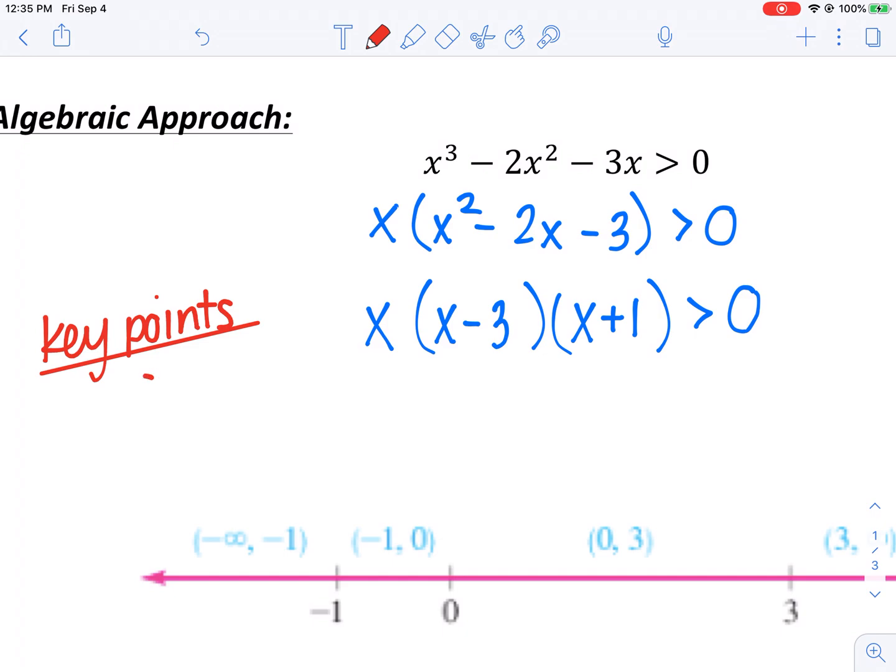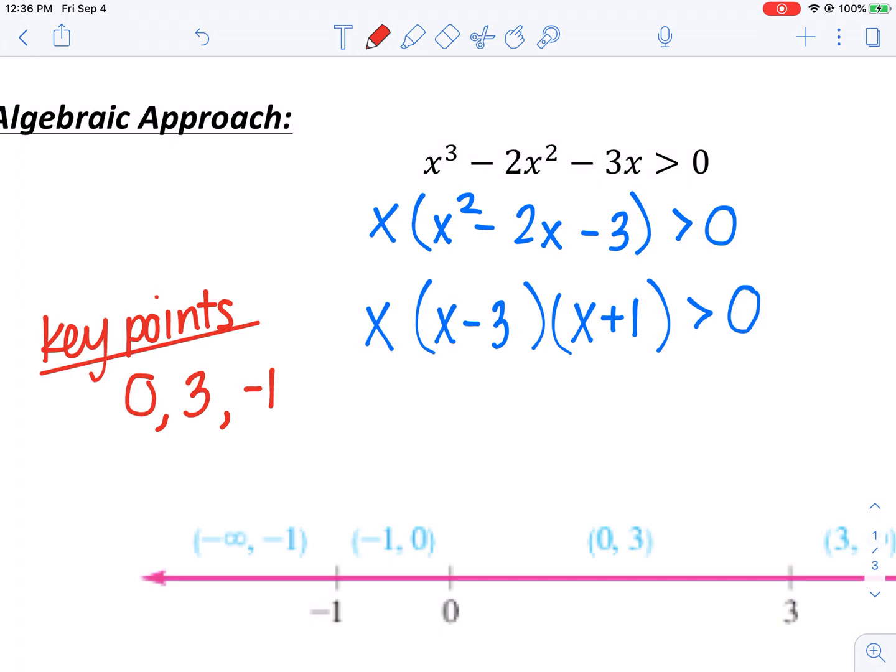The next term, x minus 3 equals 0, forces x to be positive 3. The next term, x plus 1 equals 0. When you solve, you'll get those as my key points.